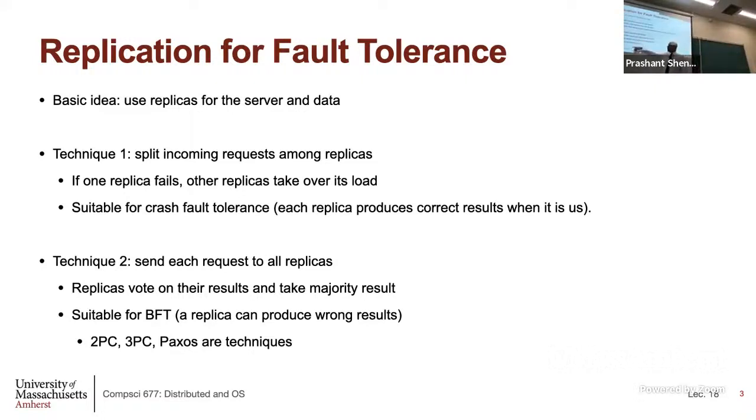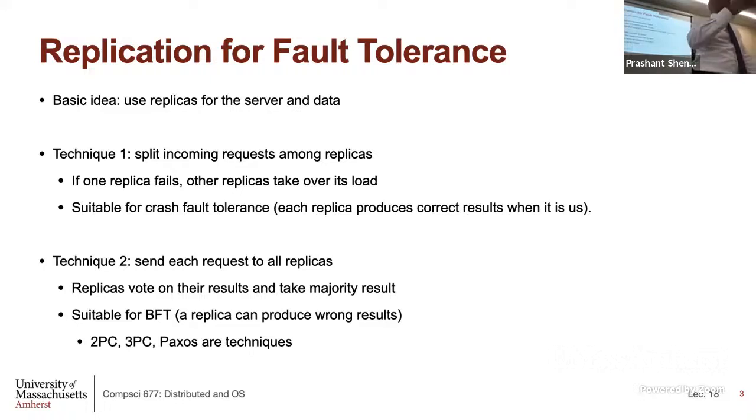So in the context of paxos, even if some of them have failed, that's fine. The rest can take over. Now, if you have Byzantine failures, which means not only are you voting, you are actually producing bad results, that requires a set of techniques that go beyond what we will talk about today. We will talk about normal consensus today. In normal consensus, you're only dealing with crash faults.